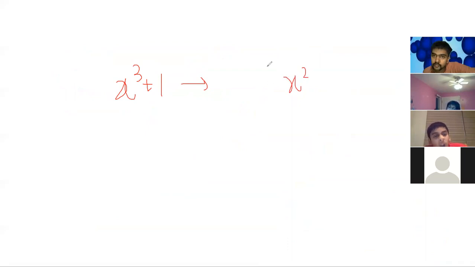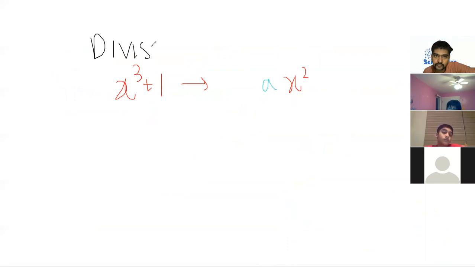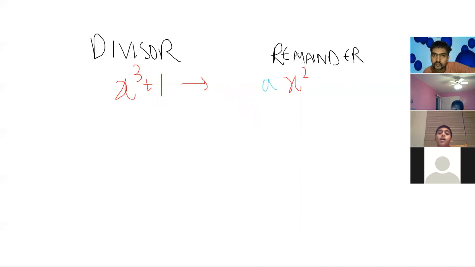I'm confused. Okay, this is your divisor. And that's the dividend. Oh no, that's the remainder. Wait, how can you tell the remainder just from the divisor? No, you're guessing what it might be.